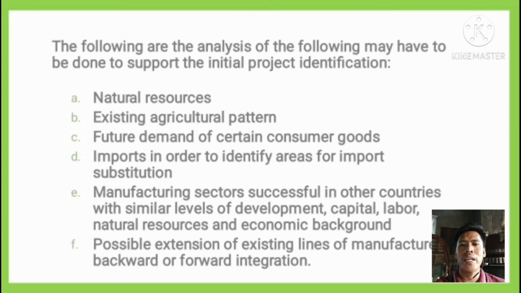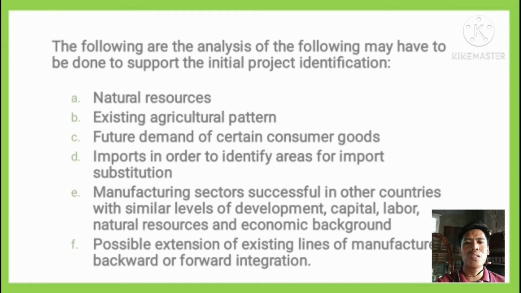The following are the analyses to be done, the initial project identification. These are the natural resources, existing agricultural pattern, future demand of certain consumer goods, imports in order to identify areas for import substitution, manufacturing sectors successful in other countries with similar levels of development, capital, labor, natural resources, and economic background.